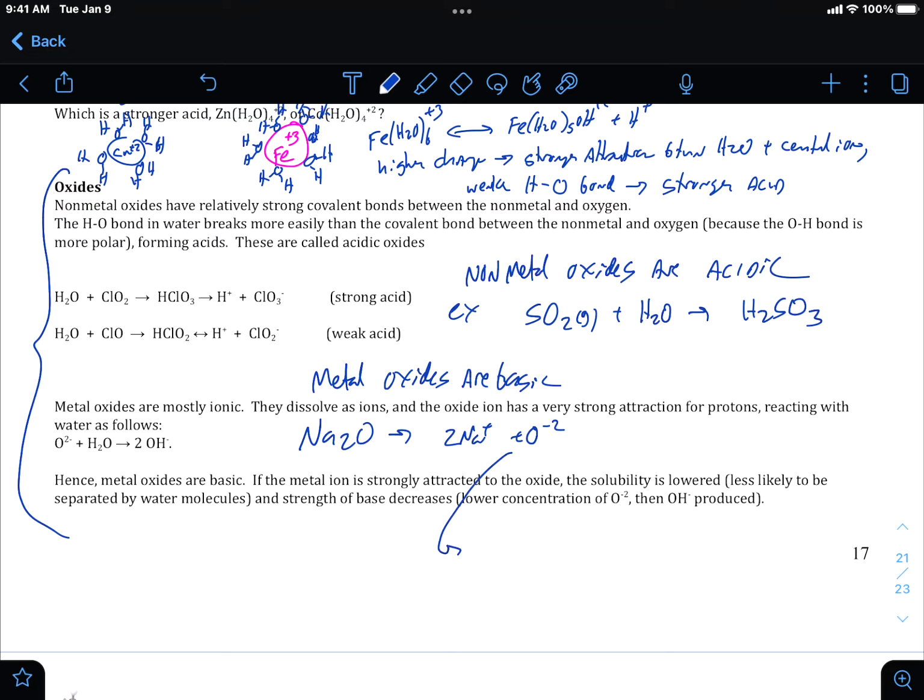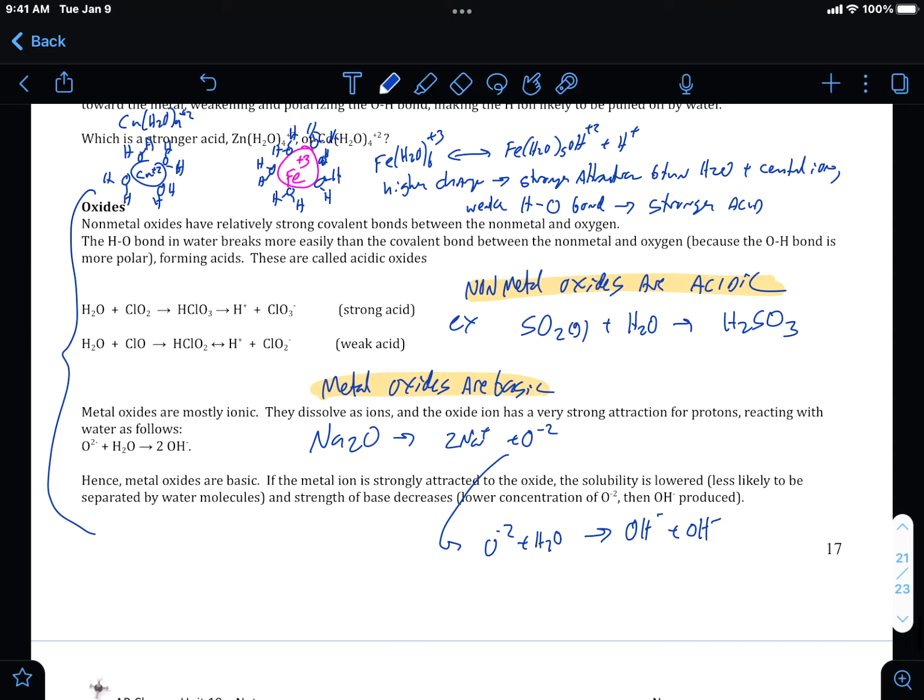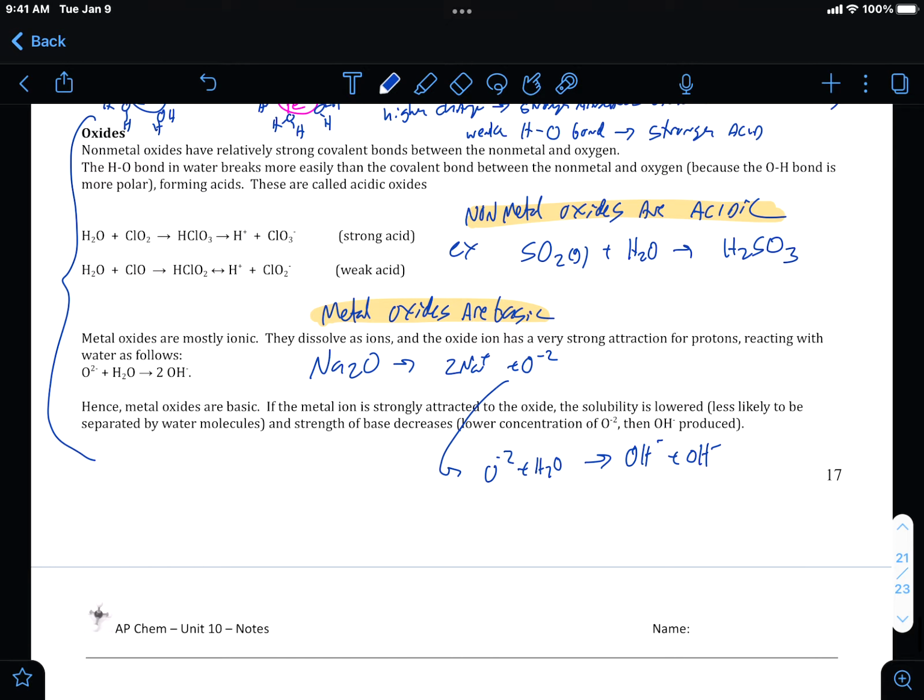But the oxide ion in water is basic because it's going to hydrolyze and form hydroxide. So that's all we really need to say about that, but not a focal point. I don't think that's been covered on the AP exam for a while. Okay, that's kind of what I wanted to talk about as far as acid strength.